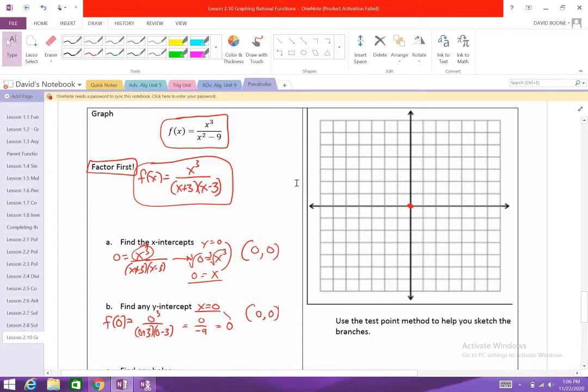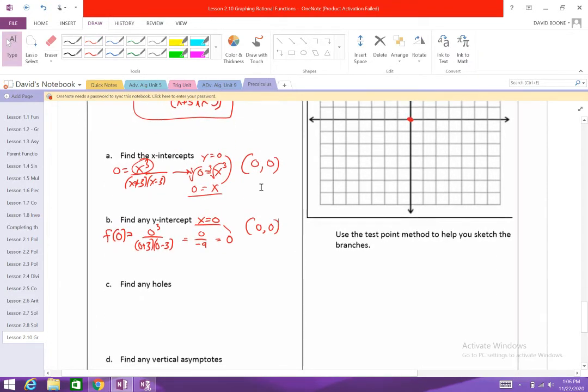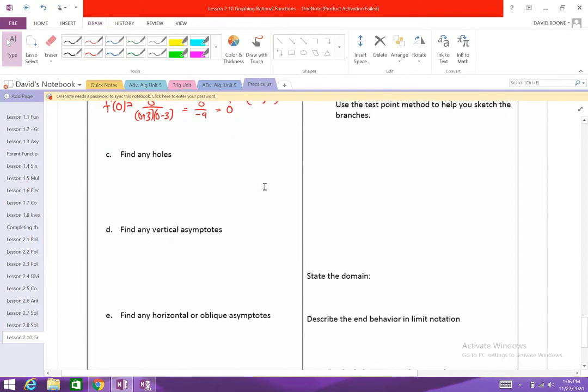If I continue, I'm going to rewrite this down here as we progress and go back and forth. Our holes, remember, with our function f of x equals x to the third over x plus 3, x minus 3. Remember, holes occur where there are factors that cancel, so there aren't any. There aren't any holes in this graph.